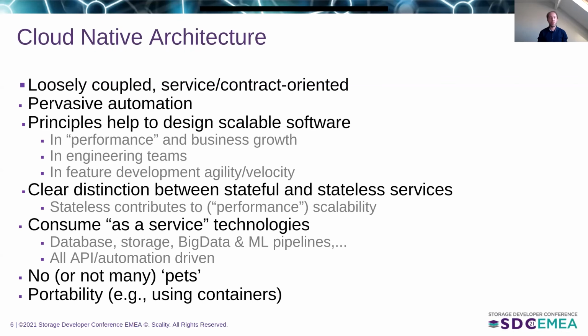Going with the pervasive automation, cloud native applications tend to consume technologies as a service. You don't deploy a database with your application; it consumes a database as a service and through some API says, I want a database to be provisioned and managed for me.